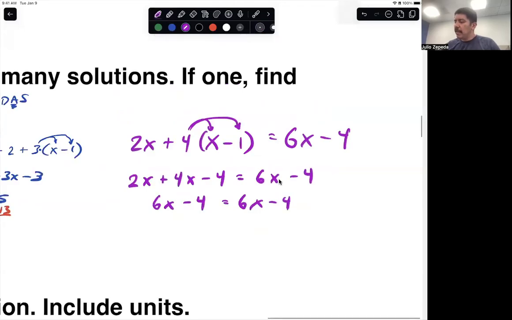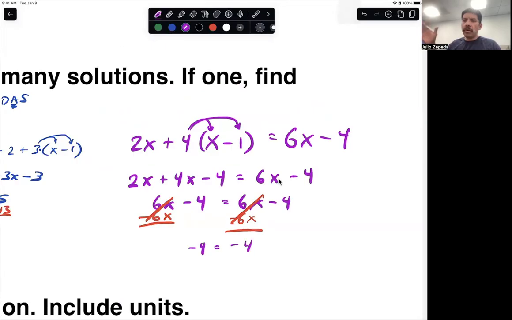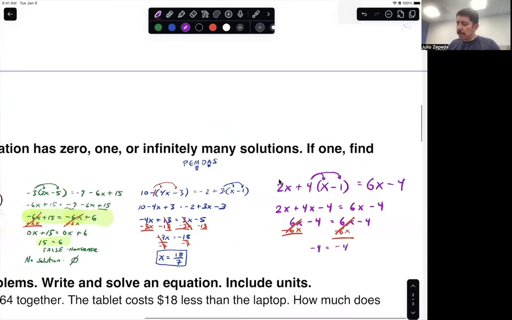And so again, I would say, okay, well, subtract 6x on both sides, and we get negative 4, a constant number. The x's completely go away, but what's different from the 15 equals 6 from earlier is that now we get something that is true. Negative 4 equals negative 4. That is just an obviously true statement.